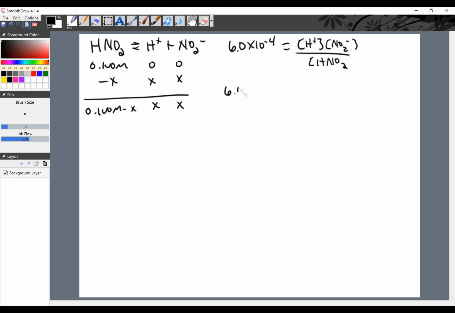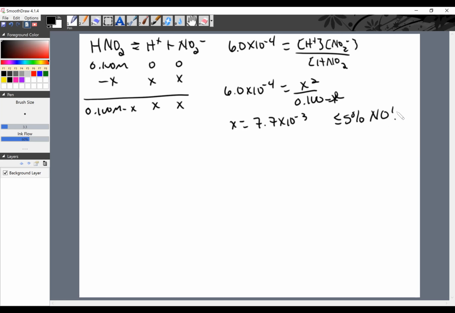And so 6.0 times 10 to the minus fourth is equal to x squared over 0.100. Ignored it and came up with 7.7 times 10 to the minus third. And we came up with the answer no.